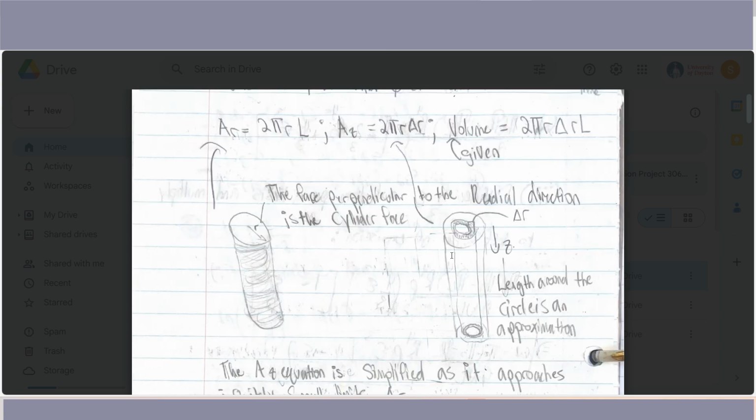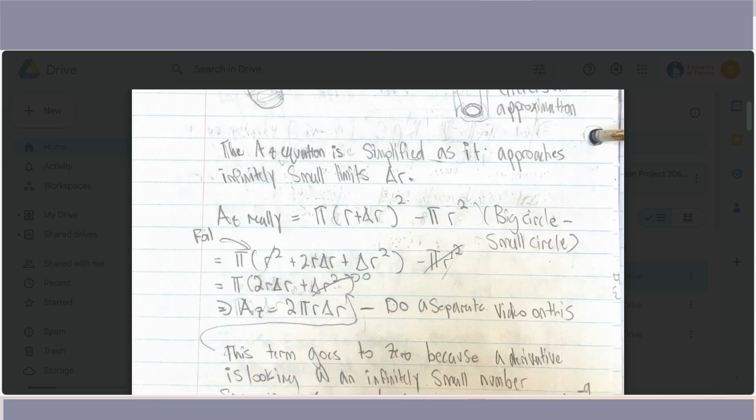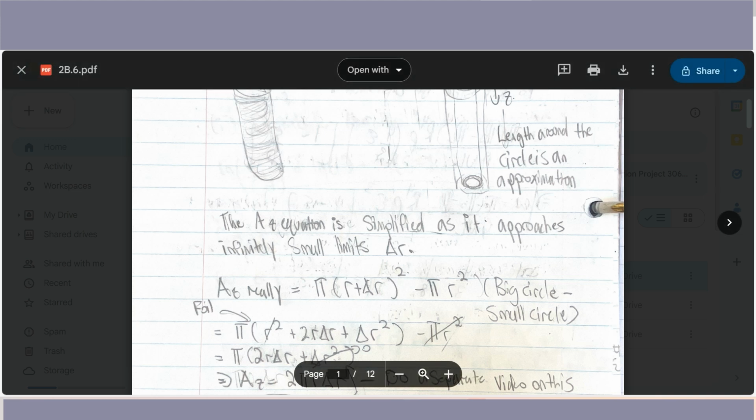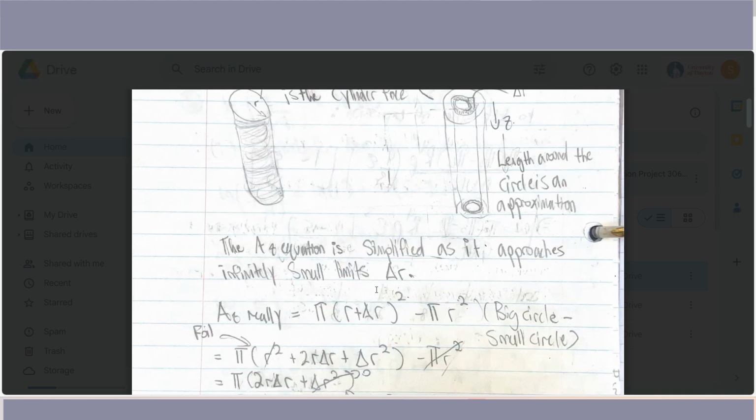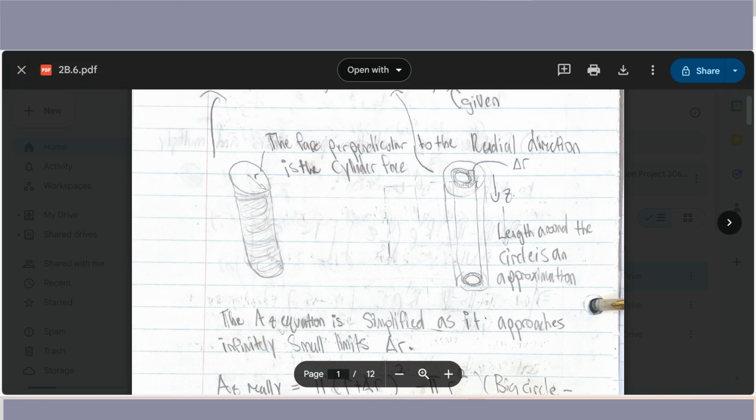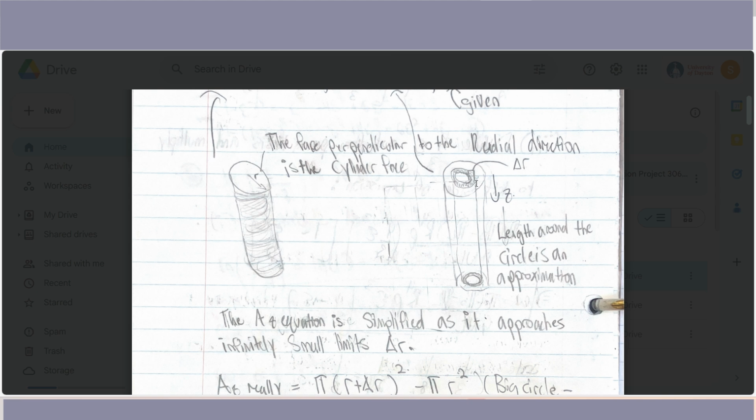There's some complication to that formula, but it's not really relevant. It's pi times r plus delta r squared minus pi r squared, because this is r plus delta r, and this is r right here.